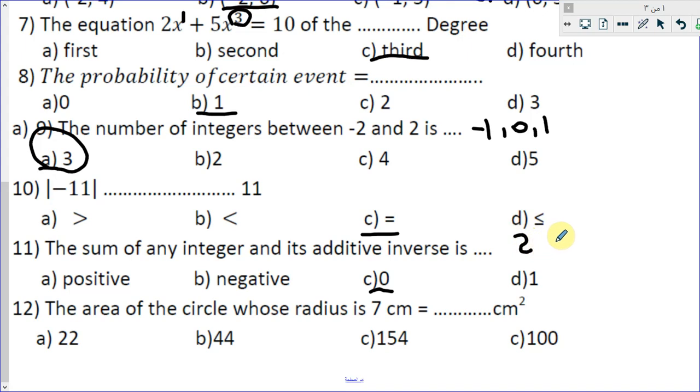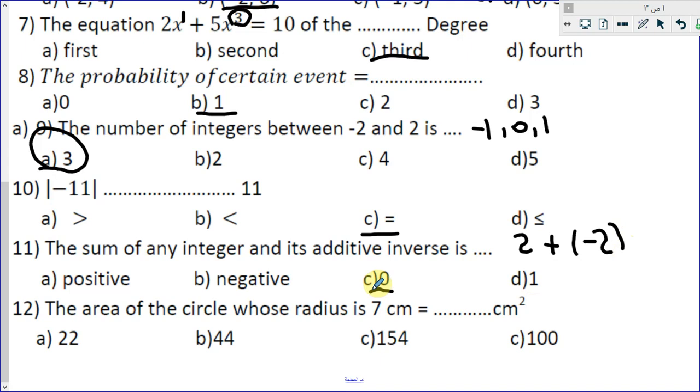What is its additive inverse? -2, the same number with a different sign. If we add them, 2 plus -2, they are the same number with a different sign, it will equal 0. So in general, the sum of any integer number and its additive inverse equals 0.